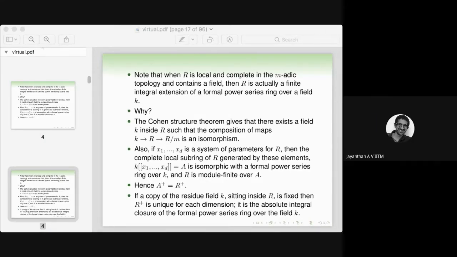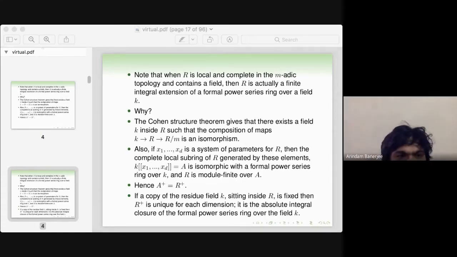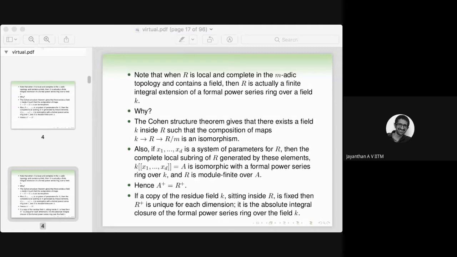Kamran clarifies that for the Cohen structure theorem we need more theory.